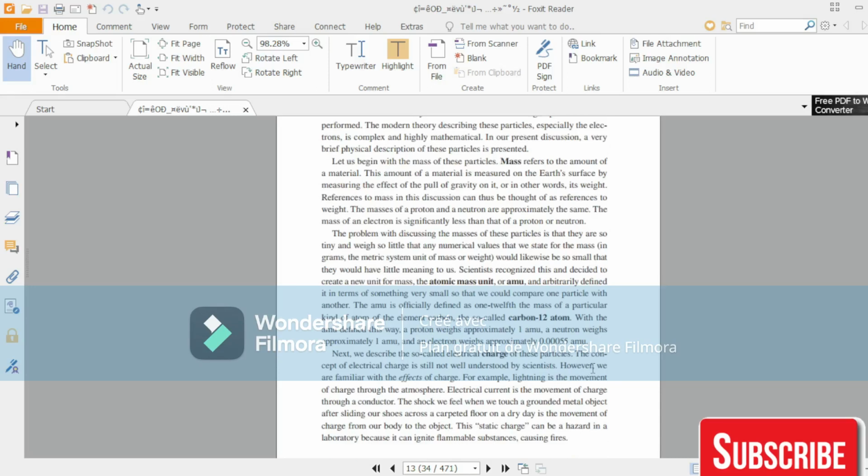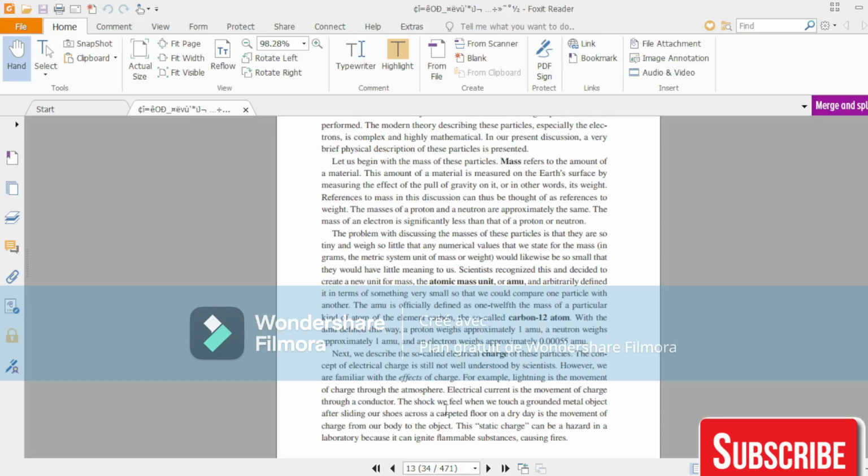Next, we describe the so-called electrical charges of these particles. The concept of electrical charge is still not well understood by scientists. However, we are familiar with the effects of charge. For example, lightning is the movement of charge through the atmosphere. Electrical current is the movement of charge through a conductor.